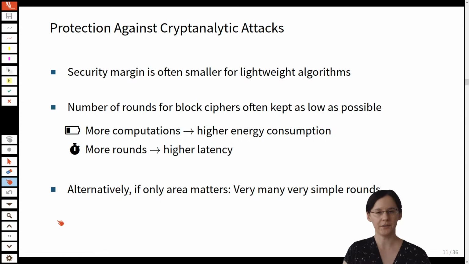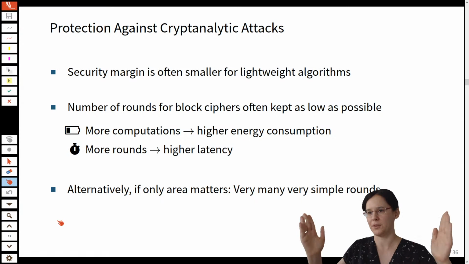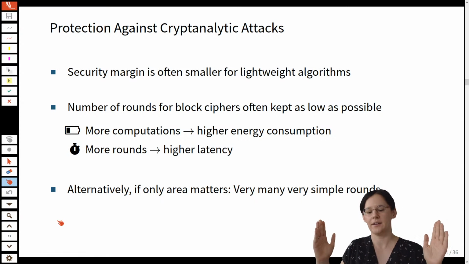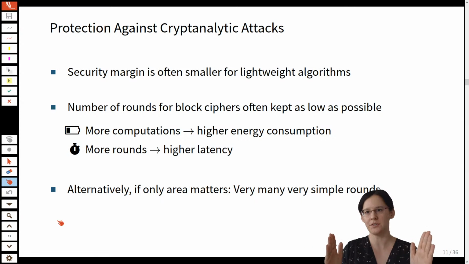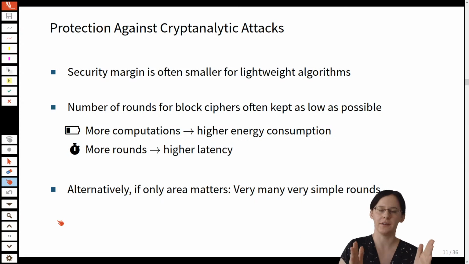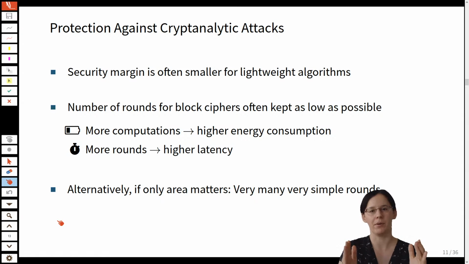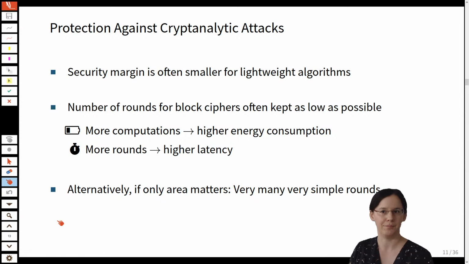The security margin means if you have a block cipher with a certain number of rounds and cryptanalysts try to break round-reduced versions, and if they, for example, only find attacks that cover up to 60% of the rounds, which would only work if the cipher had 40% fewer rounds, then this is a relatively generous security margin.